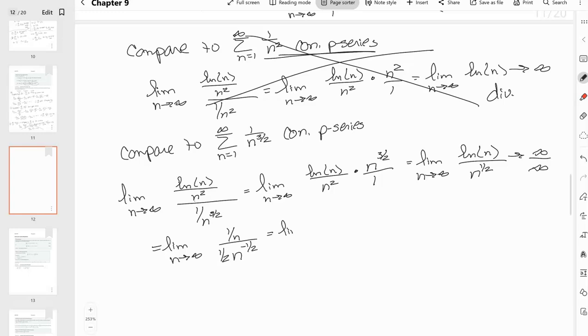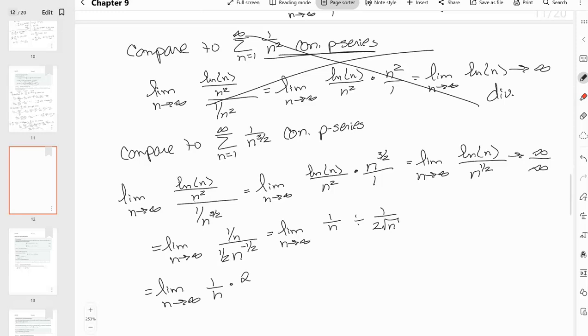I'm going to clean this up. The limit as n goes to infinity of 1 over n divided by, let's write it this way, 1 over 2 square root of n. And when I divide fractions, I keep, change, flip.